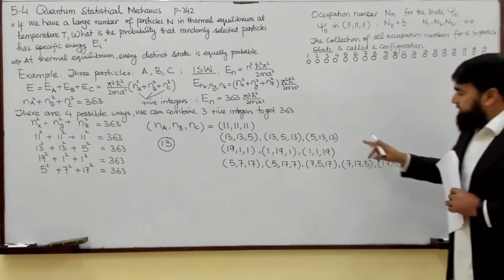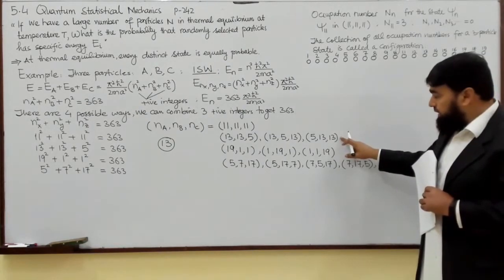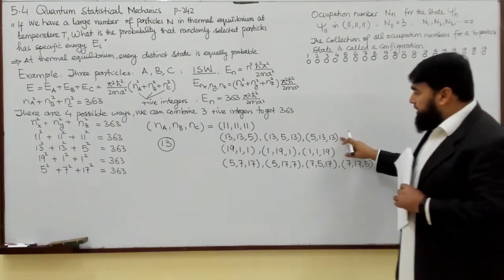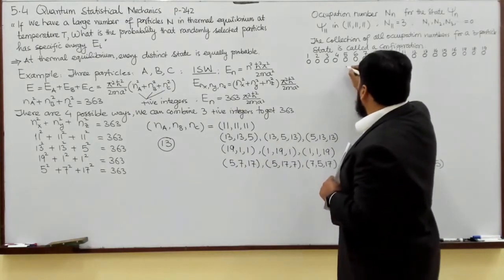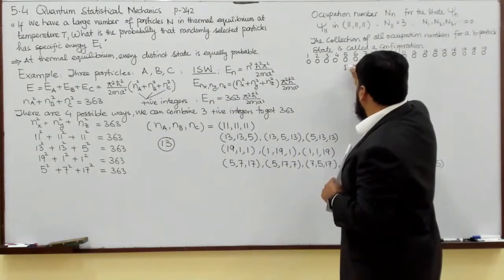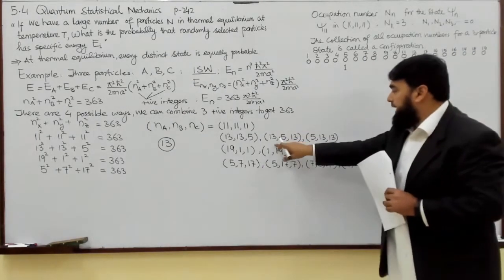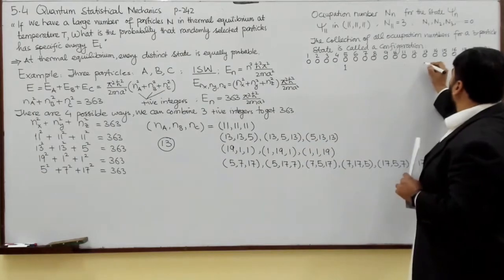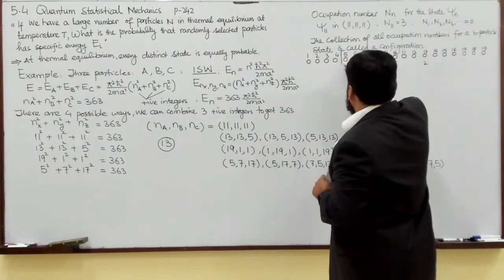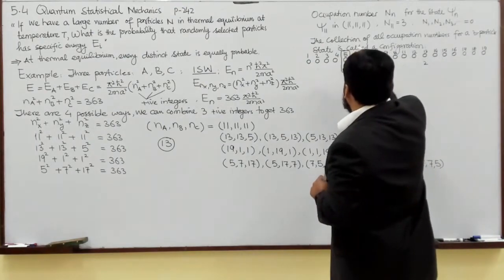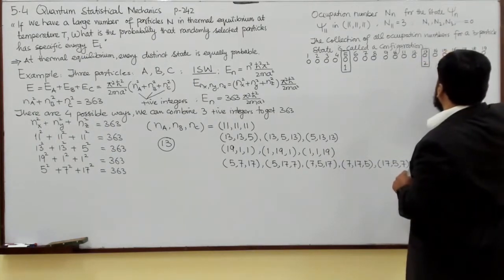Now if I select this distribution, this combination, then I see that one of the particles is in 5, so 1 here, and 2 of the particles are in 13. So here is 2. So I will have that N5 is equal to 1 and N13 is equal to 2.